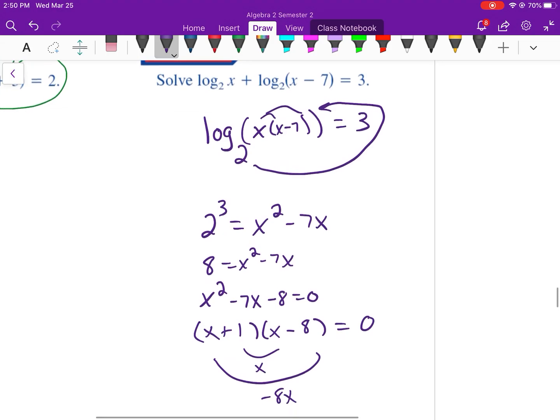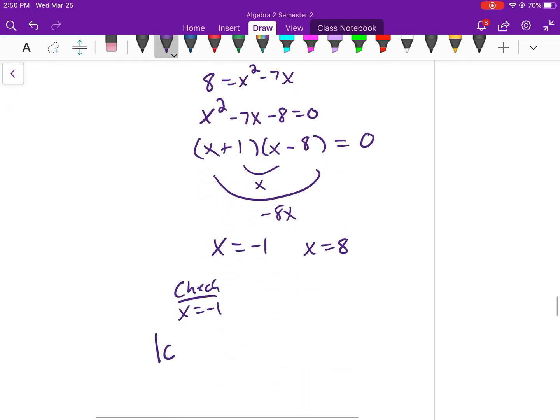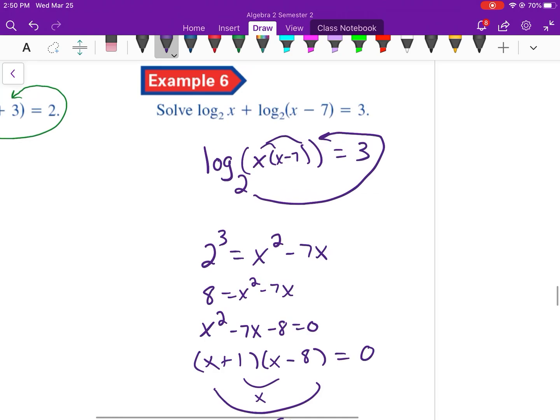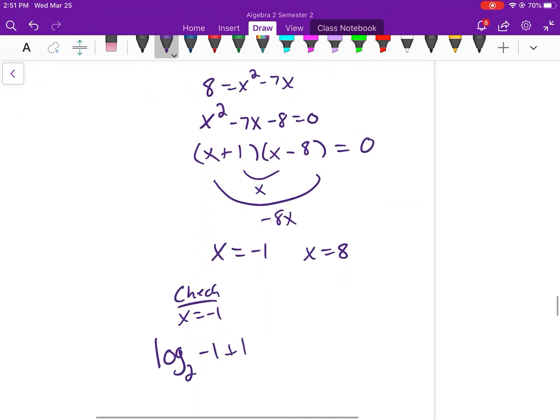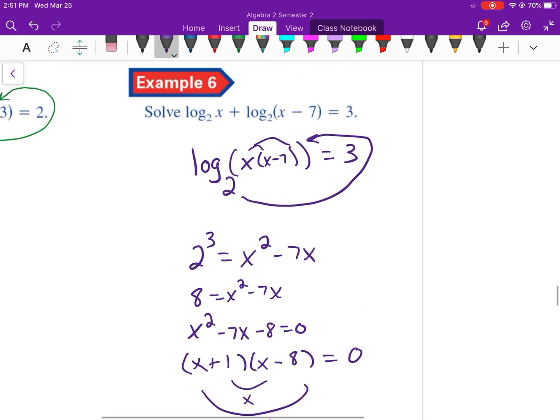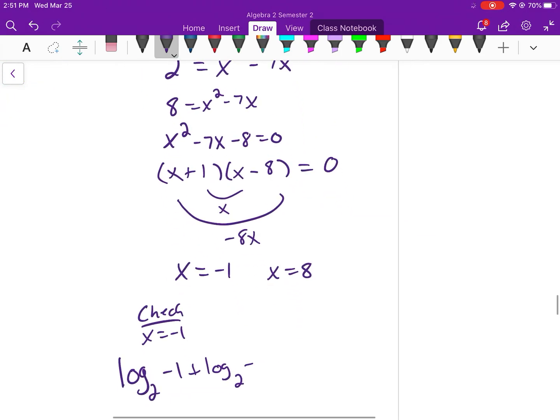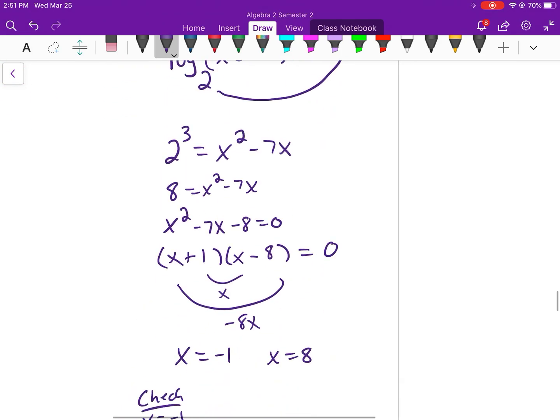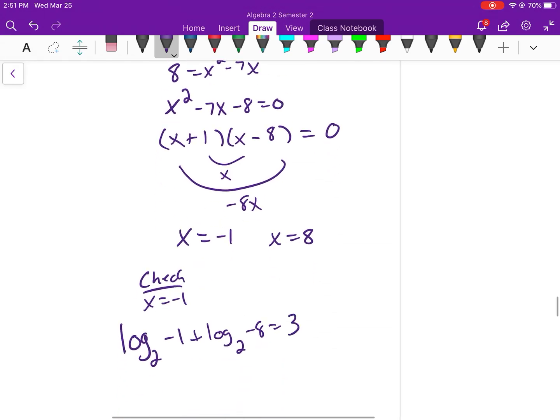Let's actually write this out now. So log base 2 of negative 1, right there, just in the first term, should throw things off. Let's just write everything out here. Negative 1 minus 7, so negative 8 equals 3.